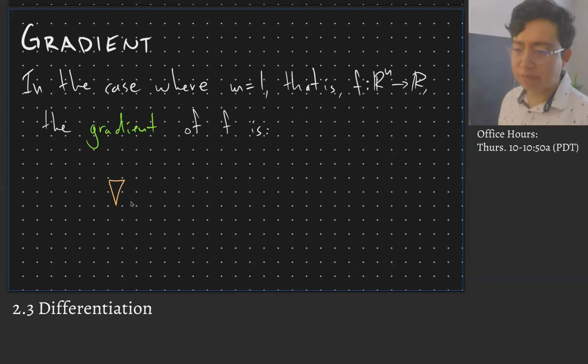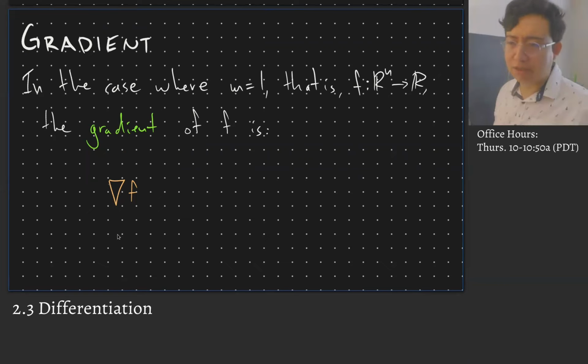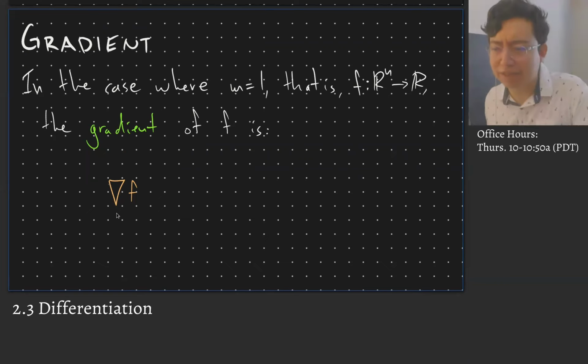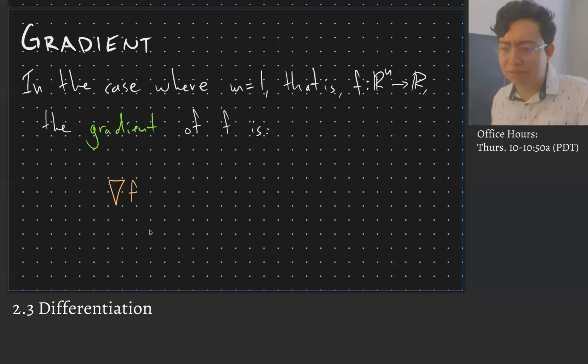Sometimes instead of writing capital D for the gradient specifically, when we have a scalar valued function, we use this upside down triangle, which is called the gradient of f. I think the actual symbol itself is called a nabla, but I usually just refer to it as the gradient of f.